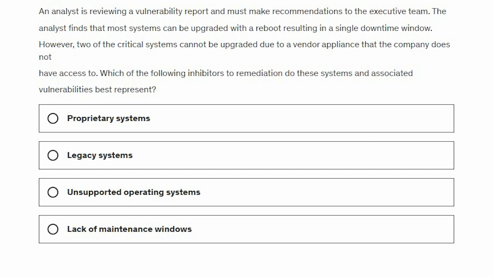Which of the following inhibitors to remediation do this system and associated vulnerability represent? A. Proprietary system. B. Legacy system. C. Unsupported operating system. D. Lack of maintenance window. Pause the video and answer this question.